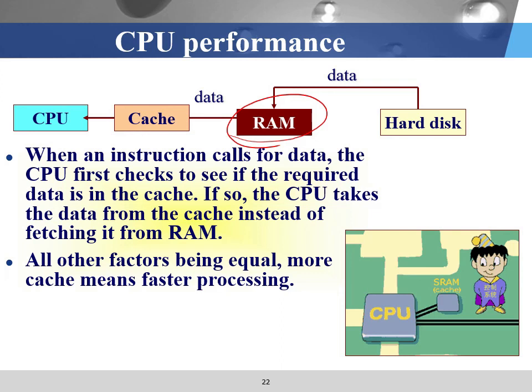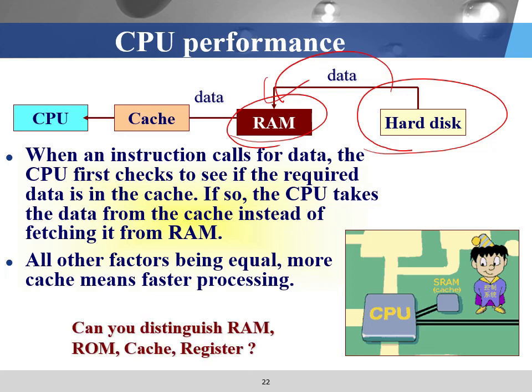So if the data is not even in the main memory, the machine will try to load the data from the hard disk into the main memory. So this is about the CPU, and we are going to introduce the primary memory, and you're going to distinguish the RAM, ROM, cache, register in the coming slides.